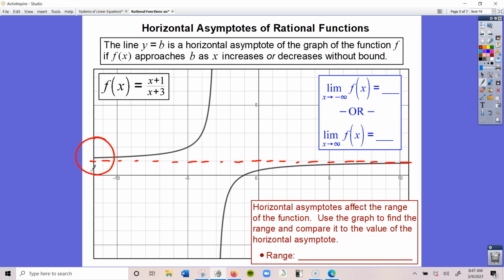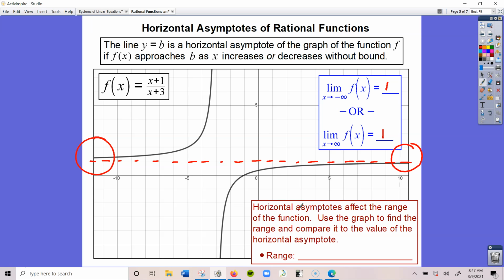Remember, it's never going to cross that horizontal asymptote, so it equals 1. And then the limit as x is approaching positive infinity, so the right side of my graph, is the same thing. My y values here are increasing towards 1, but it's leveling out because it can't cross that line, so it's going to equal 1. So these limits are proof of horizontal asymptotes.